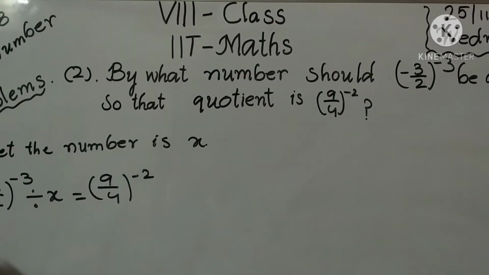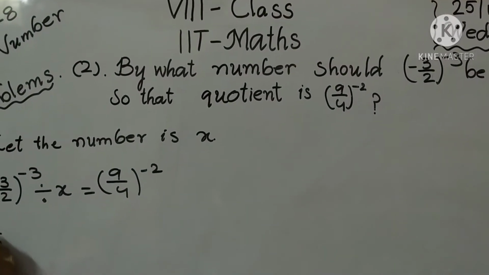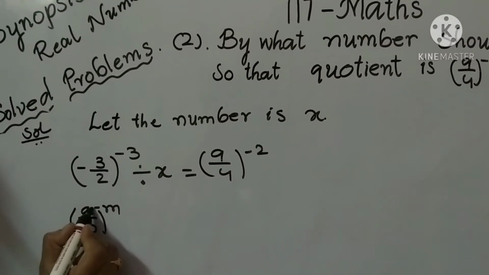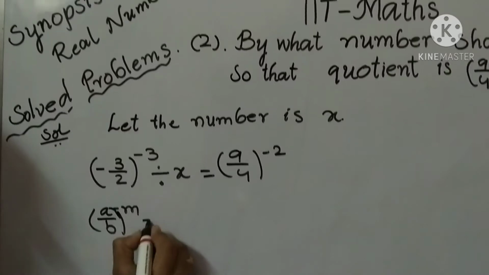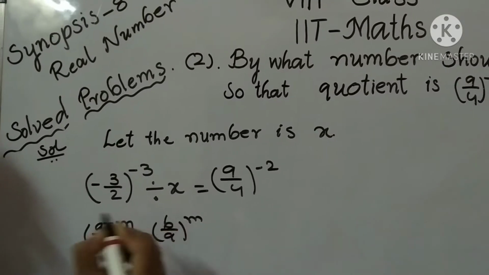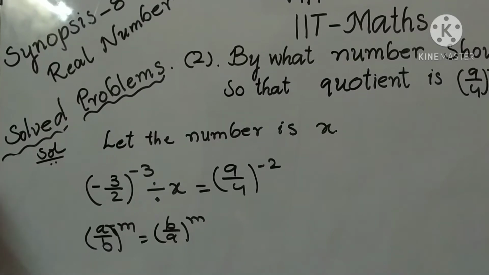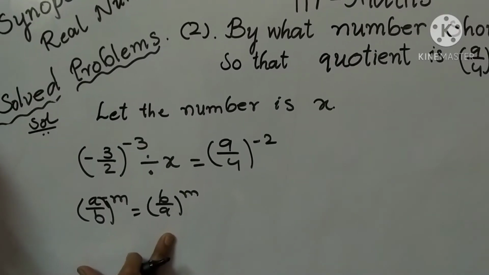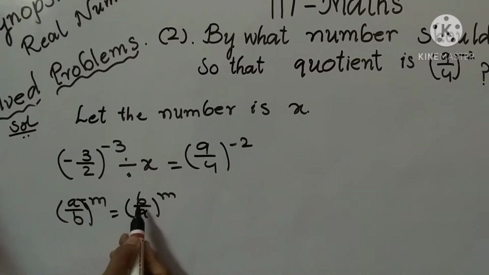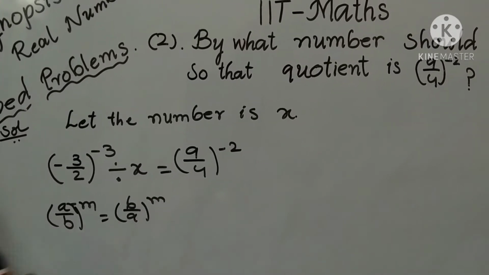We know already the law of exponents: (a/b)^-m equals (b/a)^m.